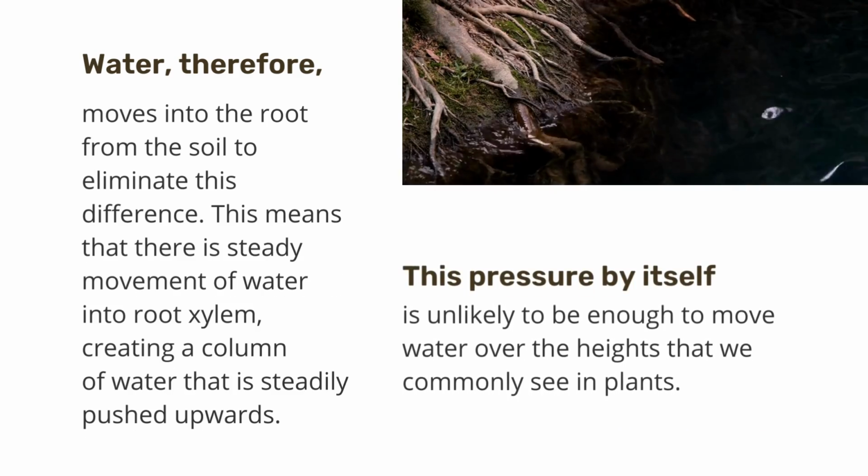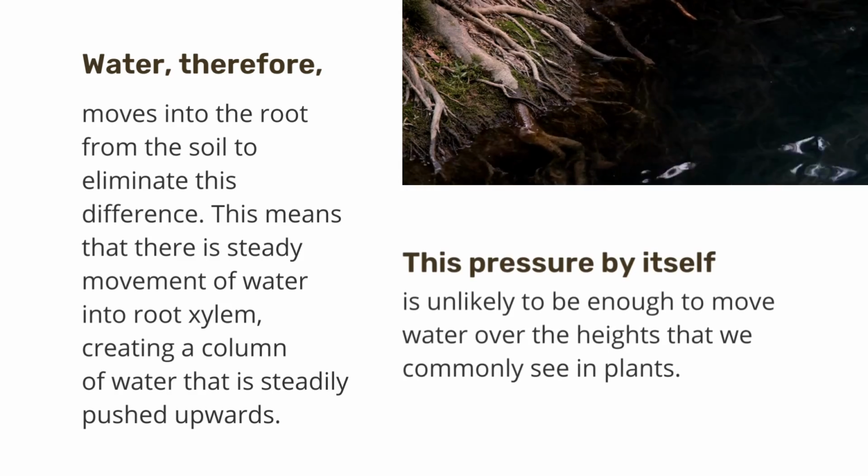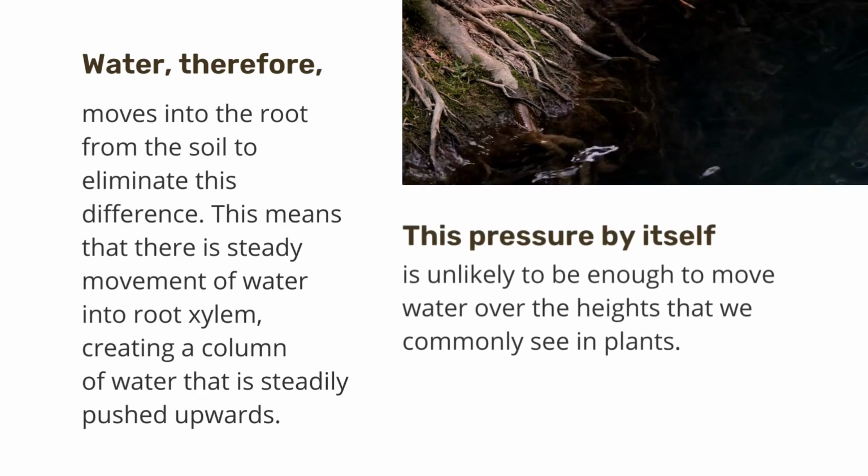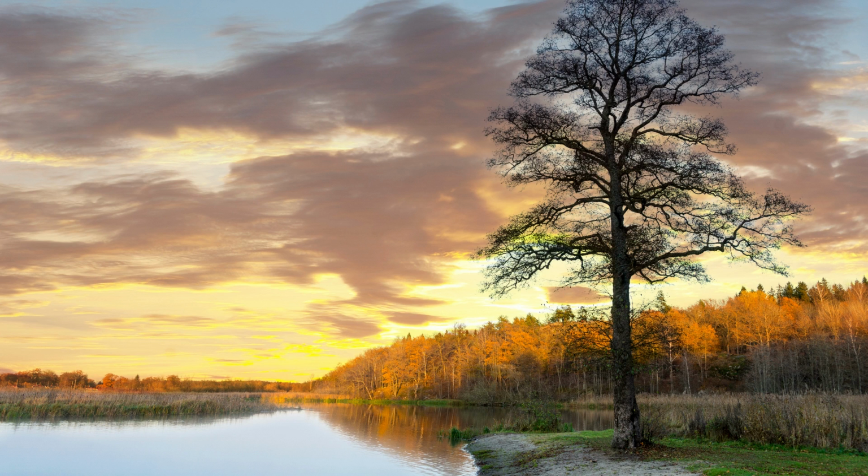However, this pressure by itself is unlikely to be enough to move water over the heights that we commonly see in plants. Plants use another strategy to move water in the xylem upwards to the highest points of the plant body. In order to understand this, let's perform an activity.